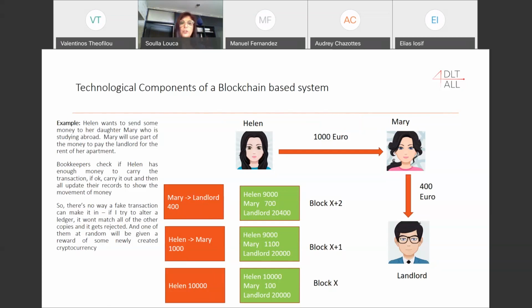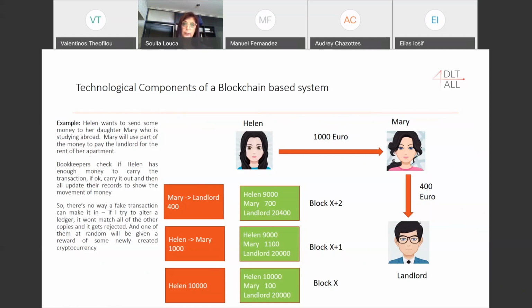Now, there is no way a fake transaction can make it, because if we try to alter the ledger, remember that the way this is shown here is being kept by all different parties in the network. So if we try to change one of them, the rest of the parties will not agree. So a modification cannot take place.